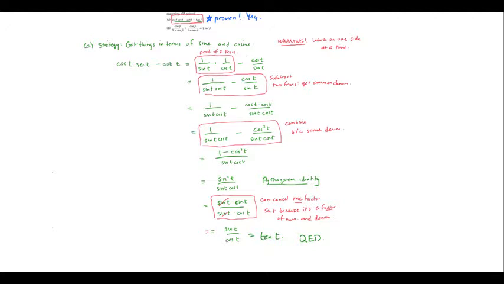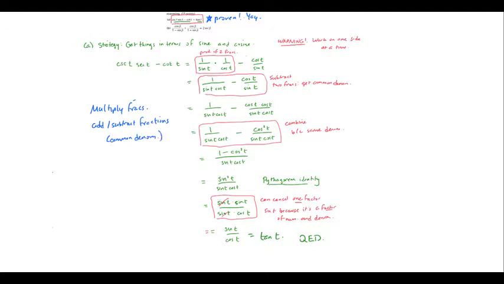All right, great. So that's a proof of that first one. And I just want to take notice of some of the things that we had to think about in order to solve this. We had to think about how to multiply fractions. We had to think about how to add or subtract fractions, which means we had to get a common denominator.